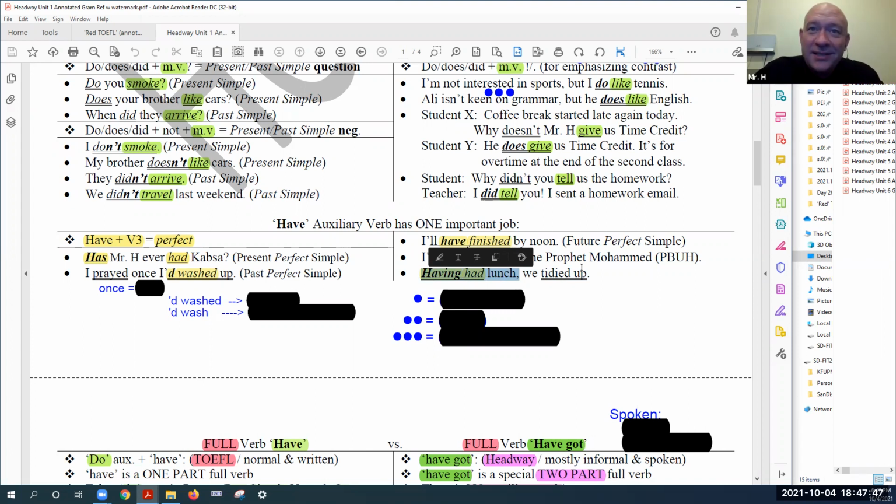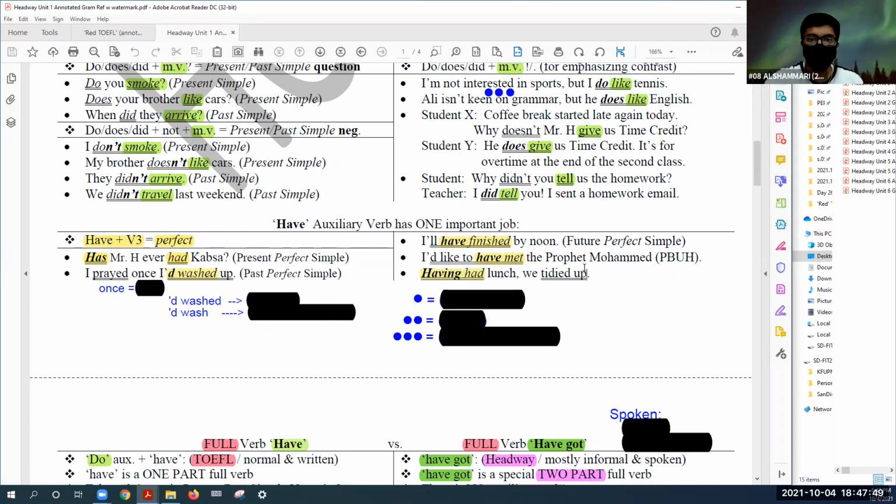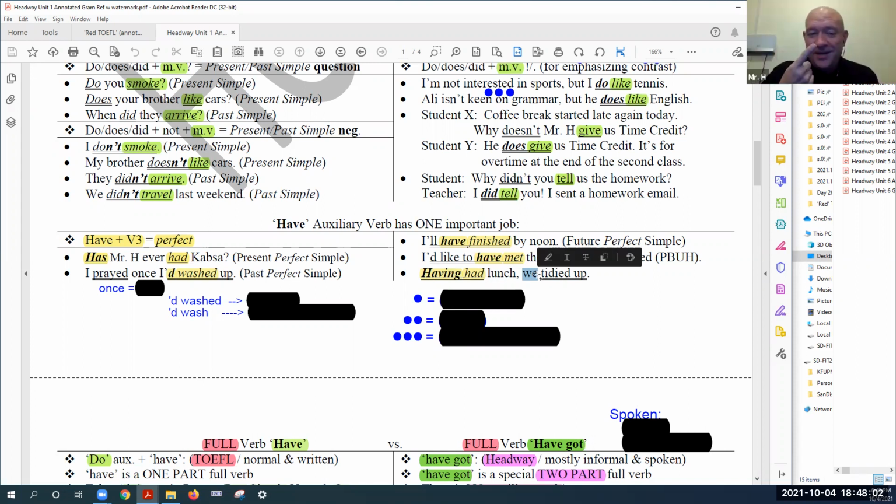Do you understand? And what was it before we reduced it? Well, if we have the full clause, the subject comes first: we. Then we need a comma. Then we need a connector and subject: who had lunch.